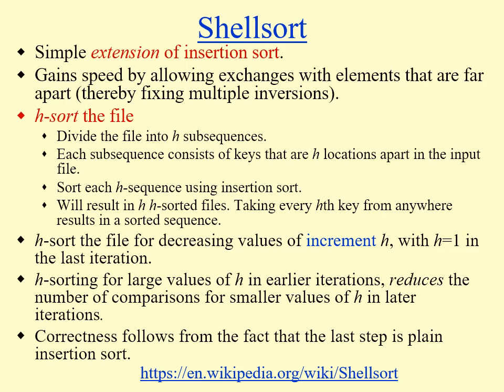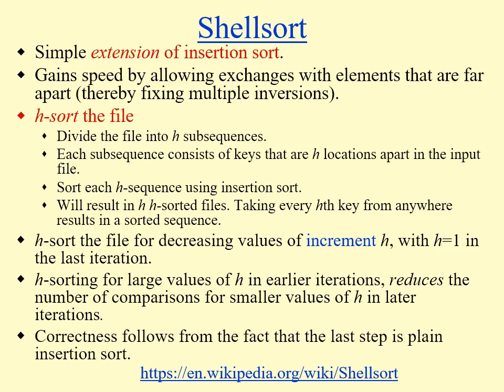If h drops to 1, the whole thing is totally sorted, correct? For example, if we use 5 as the step, and then 3, 2, and then 1, we use these several h-sorted files to do the sorting.